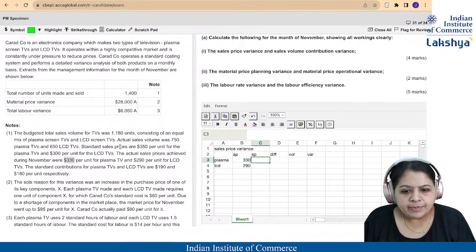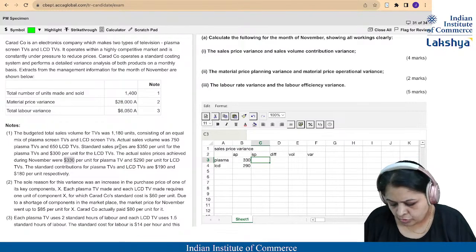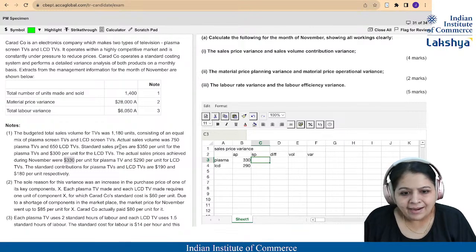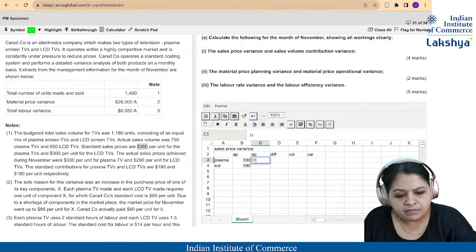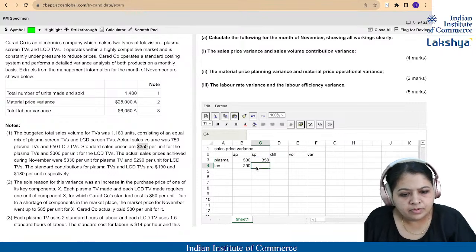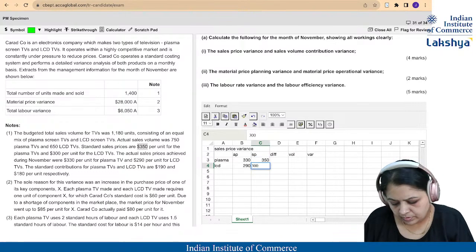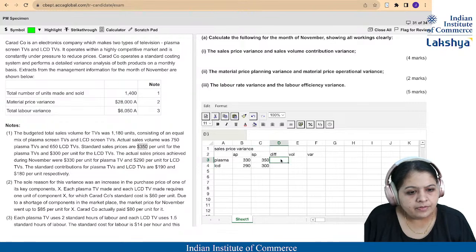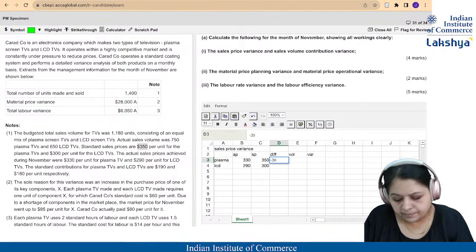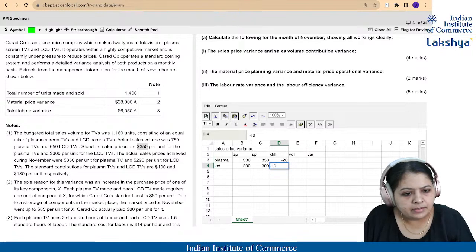The company expected the price to be 350 and 300, which is also mentioned here, so let's put those values here, 350 and 300. The difference, actual minus standard, will give a negative here, which is minus 20, and here it is going to be minus 10.